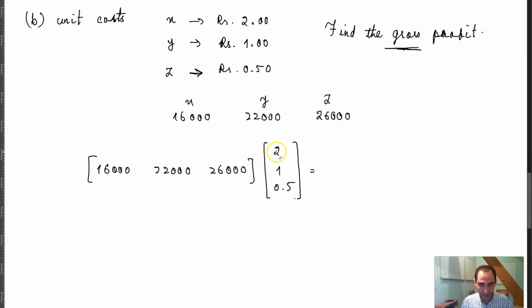This will give me a 1 by 1 matrix, because this is a 1 by 3 matrix and this is a 3 by 1 matrix. That gives me a 1 by 1 matrix, which reports the total cost of all of the products that I have produced, X, Y, and Z all together. So 16,000 times 2 is equal to 32,000, 1 times 22,000 is 22,000, and 0.5 times 26,000 is 13,000.